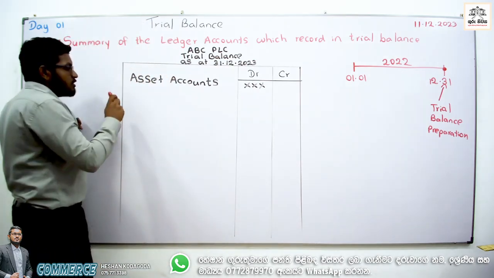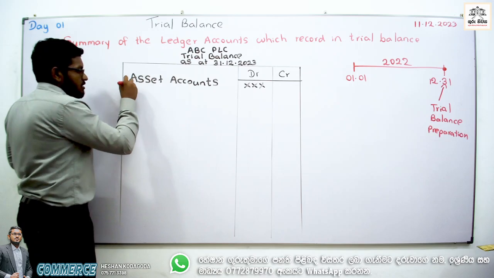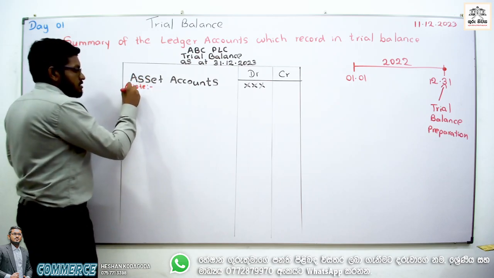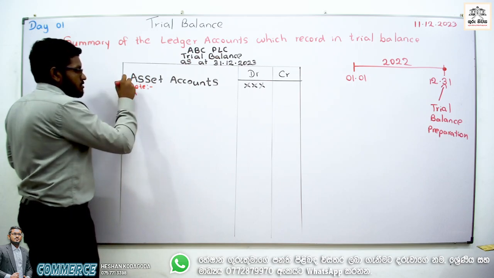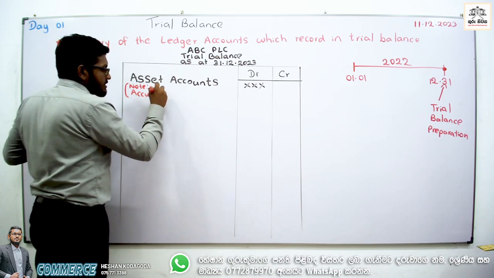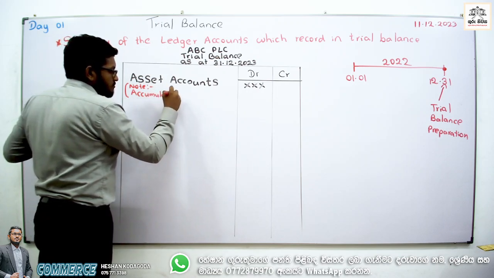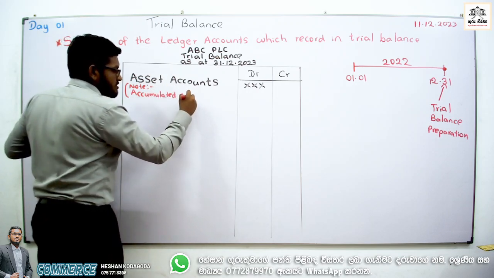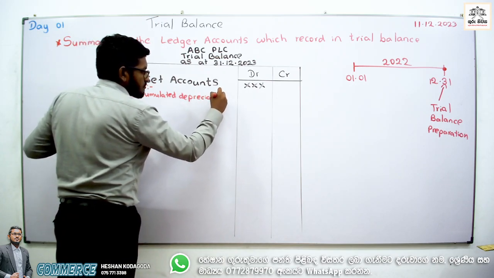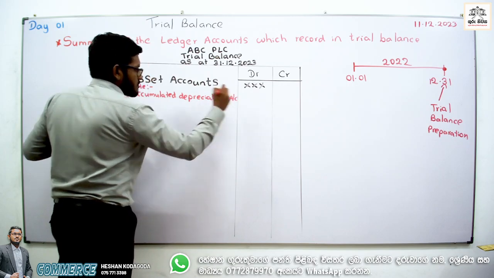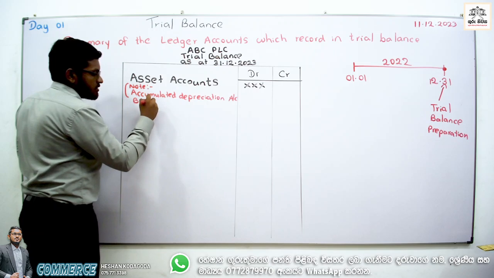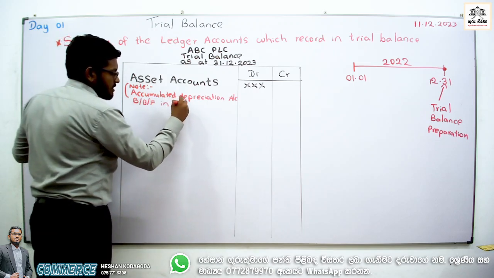But still you don't know this one. Not accumulated depreciation accounts balance brought forward in credits.